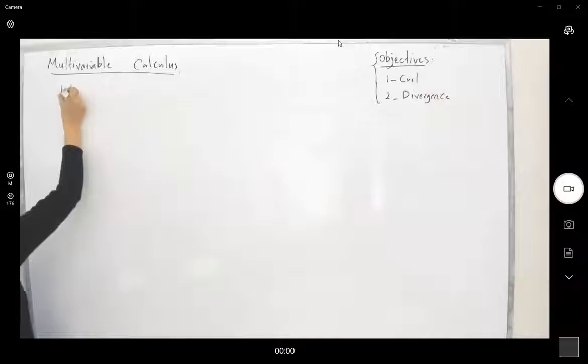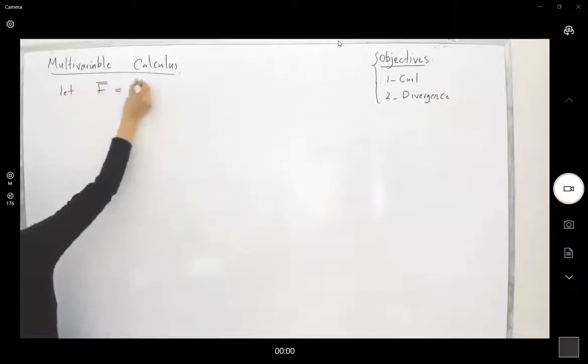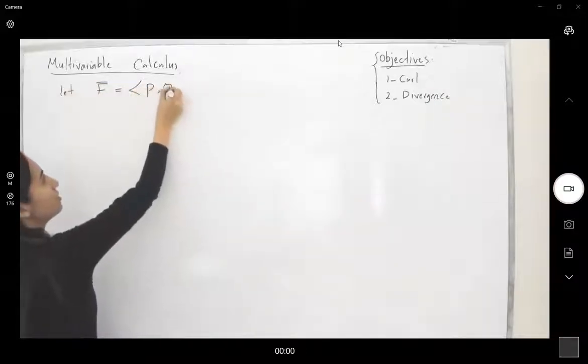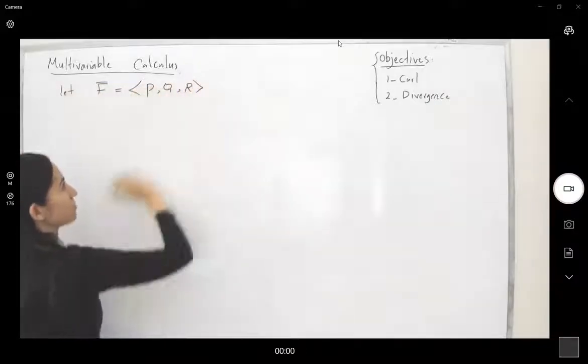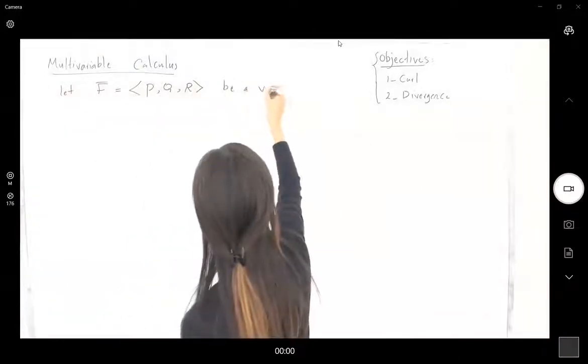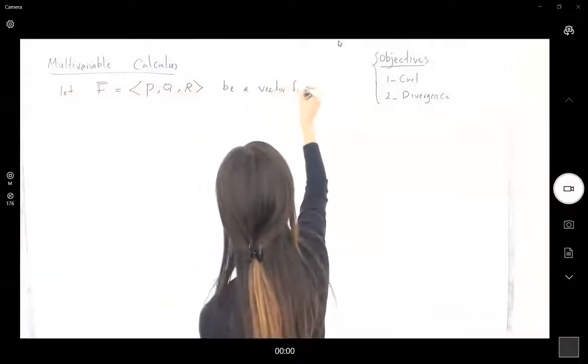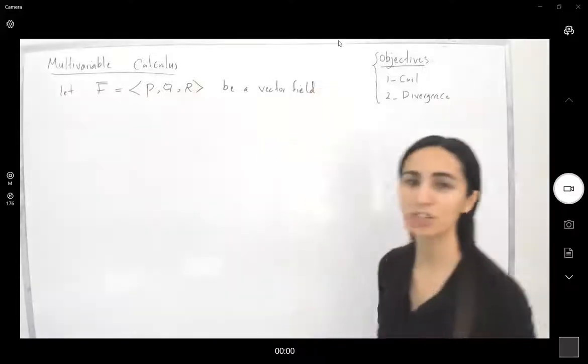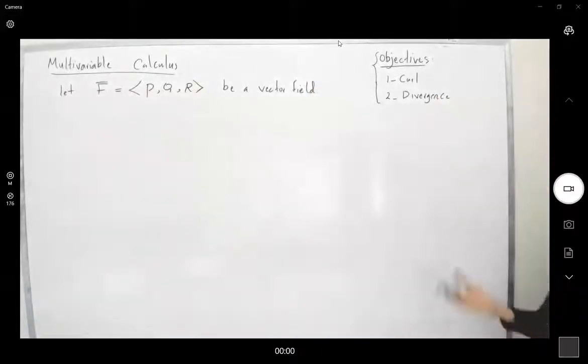Let F, given as P, Q, R, be a vector field. So we have a vector field. Gravitational vector field, we name it.